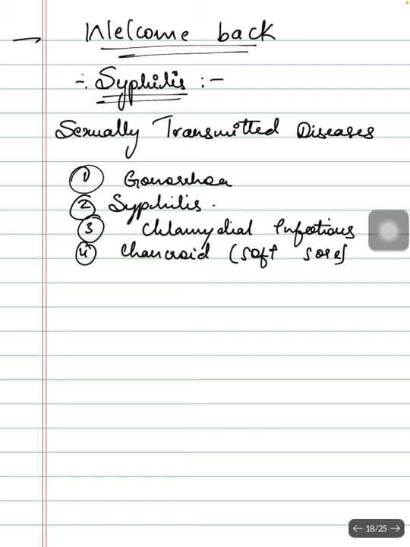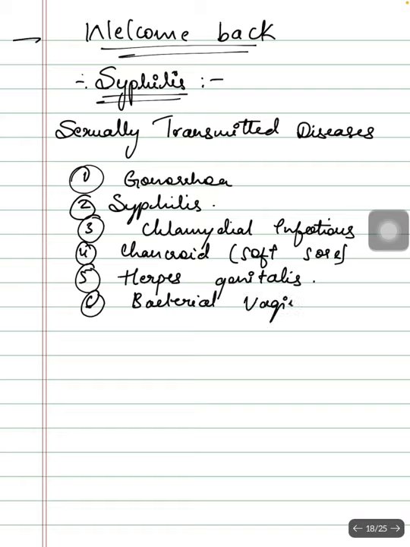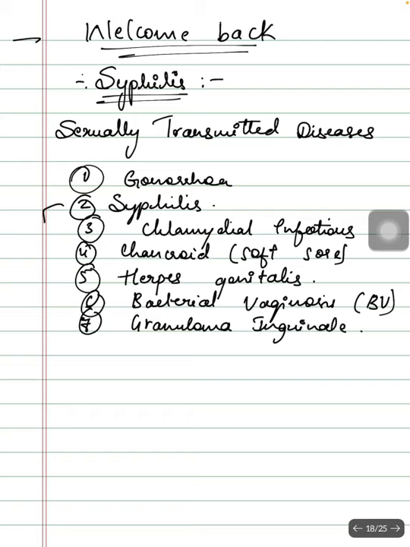Fifth one, herpes genitalis. Sixth one, bacterial vaginosis, which is BV. The last one is granuloma inguinale, donovanosis. Again, there are other types, which is HIV, AIDS, all of it. Today I'll be explaining syphilis, only in brief.